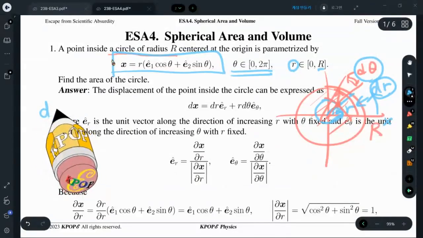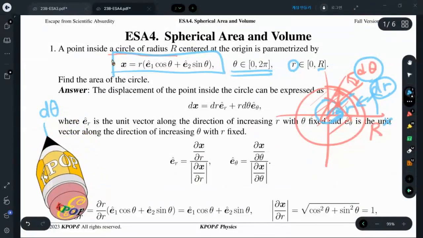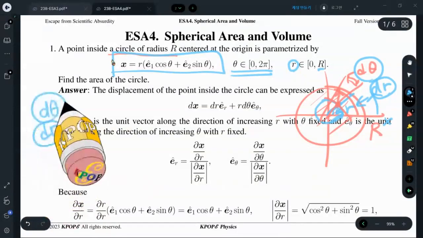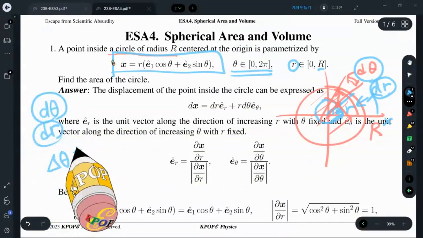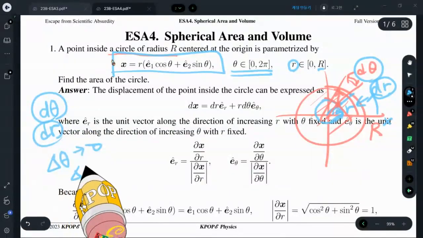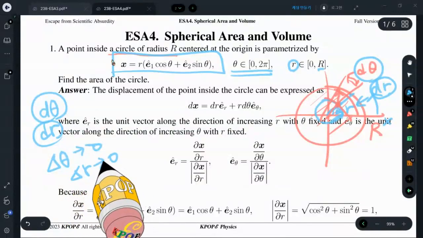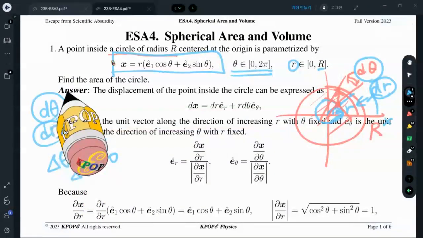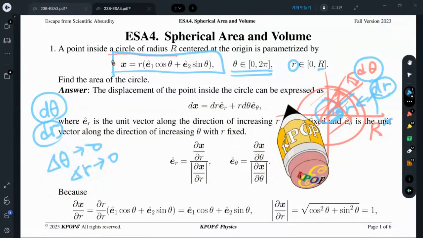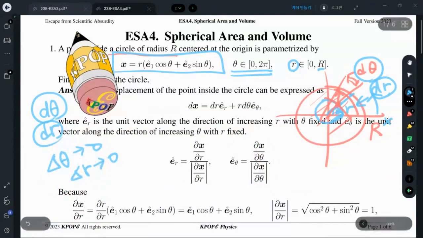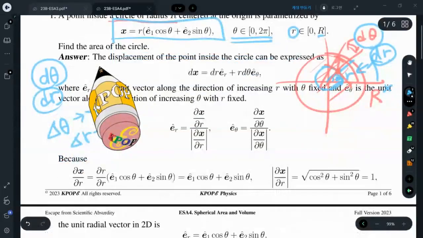As soon as we use the differential form, for theta or r, we take the limit as delta theta goes to 0, and we take the limit as delta r goes to 0. So we neglect any additional pieces; the higher order piece is neglected.